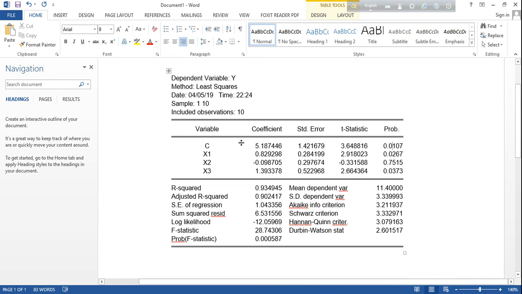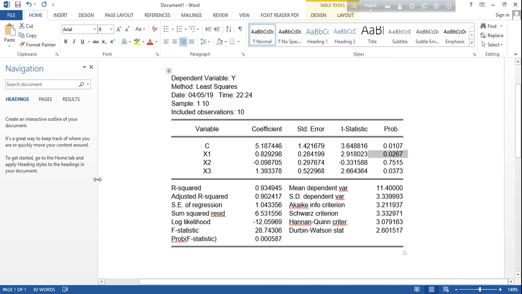So what we see here is for x1 the probability value is 0.0267, which is less than 0.05. It means this variable, x1, determines y in a good way. So x1 is a significant independent variable for this regression model.